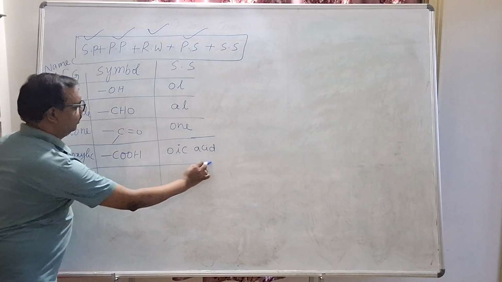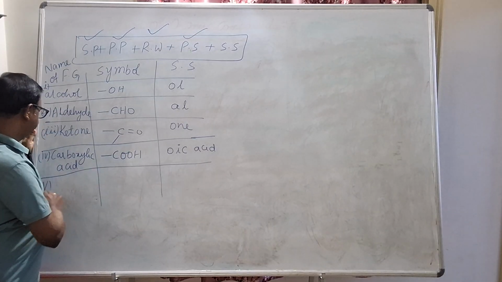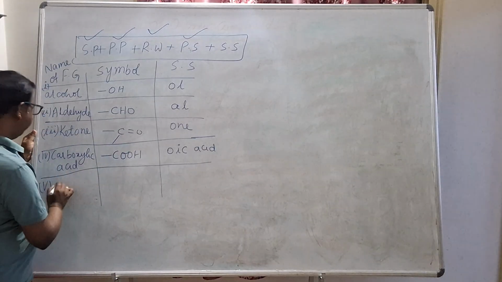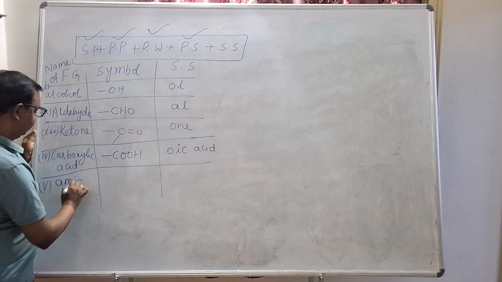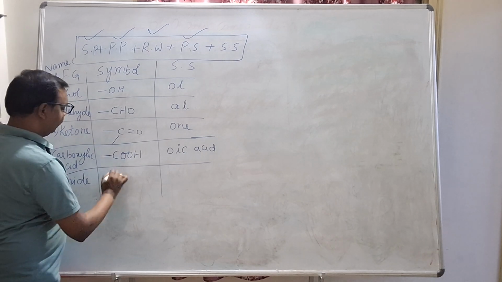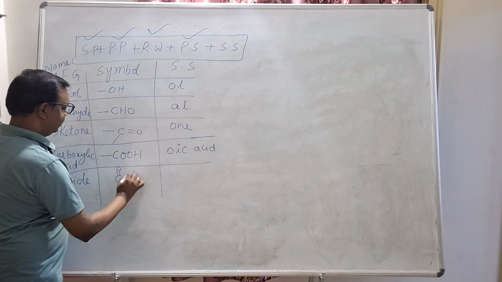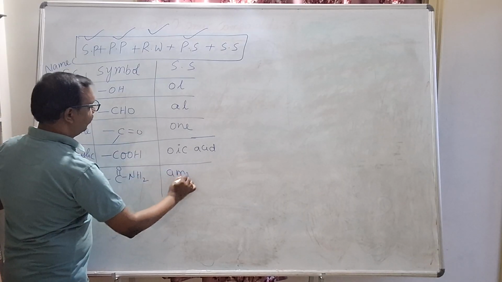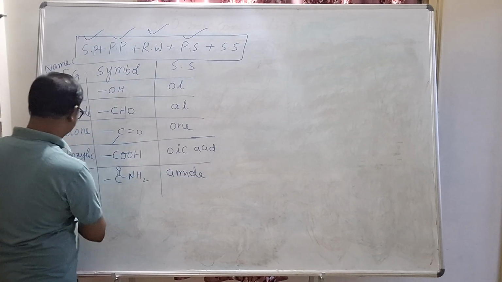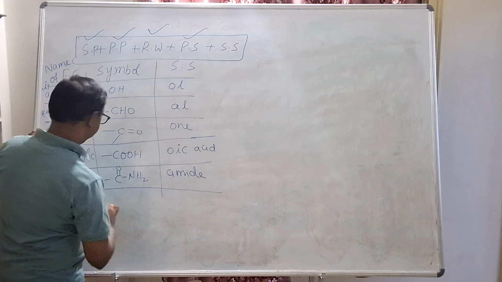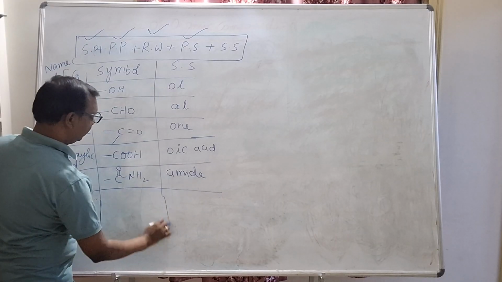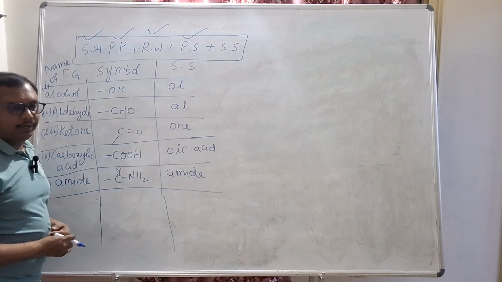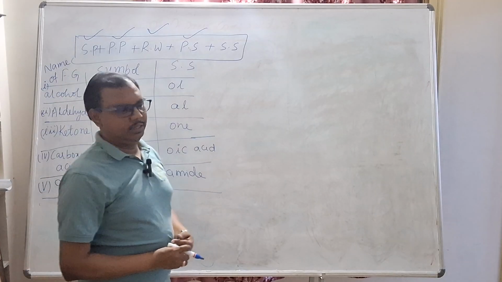The fifth one is amide, C double bond O NH2, CONH2. It is named as amide only. We write amide as a secondary suffix: ethanamide, butanamide, propanamide, pentanamide.